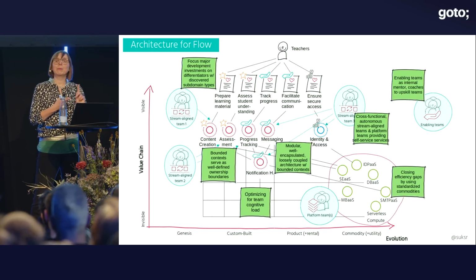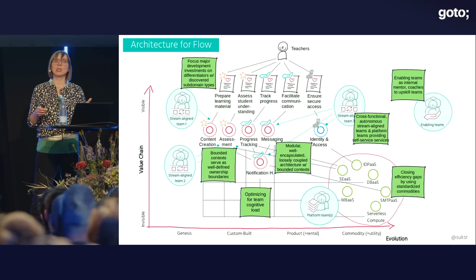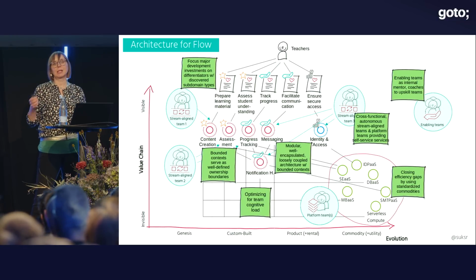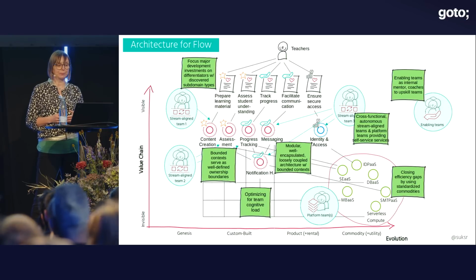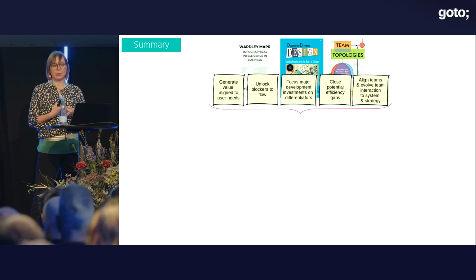So with the reverse Conway maneuver, dynamic reteaming, and the evolution of Team Topologies interaction modes, we are now able to transition into the envisioned to-be state and also unlock a variety of blockers to flow. So as a summary, it's the combination of Wardley Mapping, domain-driven design, and Team Topologies that helps us to generate sustainable value that is aligned to user needs.